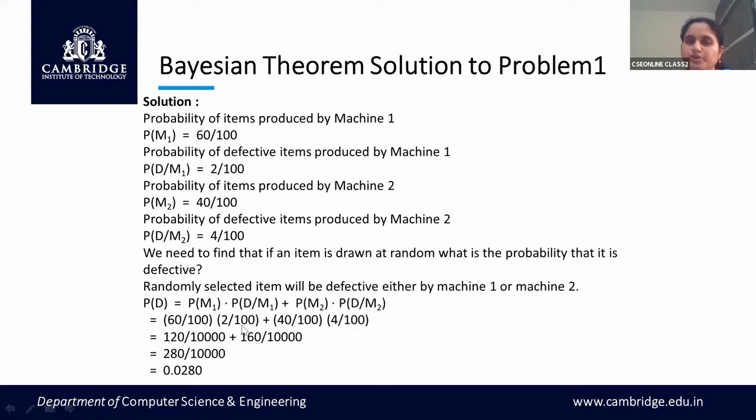So if you substitute the formula, it turns out to be 0.0280. So this is the probability of the item being defective when it is drawn randomly. So this is about the first problem.